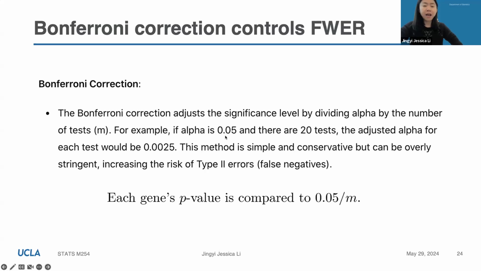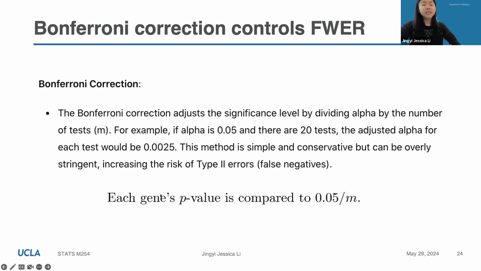For example, if alpha is 0.05 and there are 20 tests, then your adjusted alpha is 0.05 divided by 20, which becomes 0.0025. This Bonferroni correction is simple and conservative, but can be overly stringent. You may not have any p-values below this threshold, which means you have no discoveries.